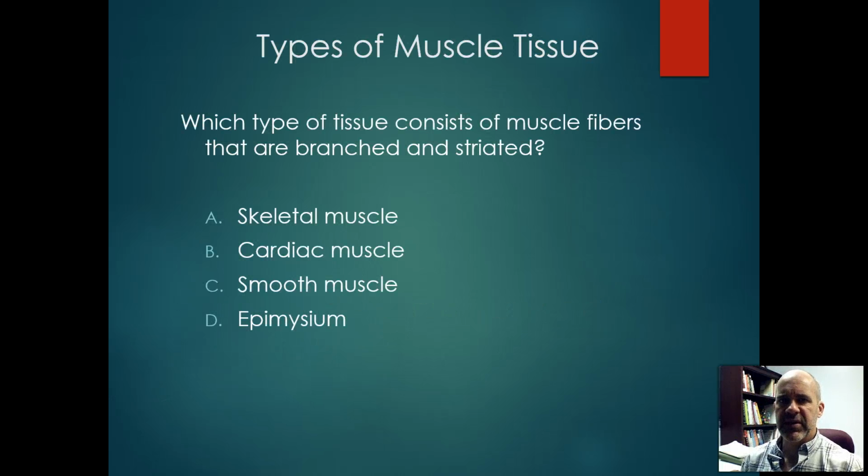All right, first couple of questions here, though, we're just going to review some basic stuff about muscle tissue and structure. First question here, which type of tissue consists of muscle fibers that are branched and striated? So you want to go back and review just the key characteristics about your 3 different types of muscle tissue.